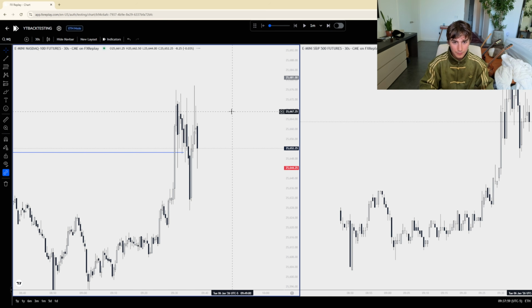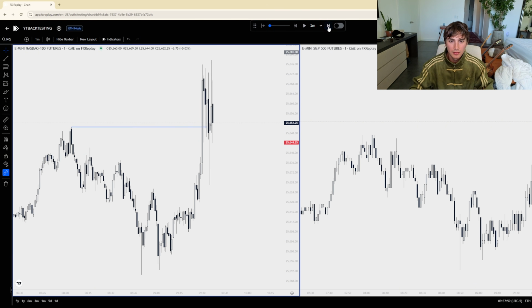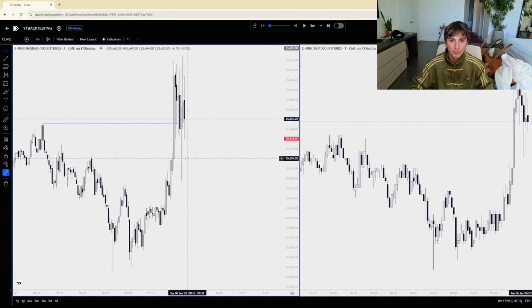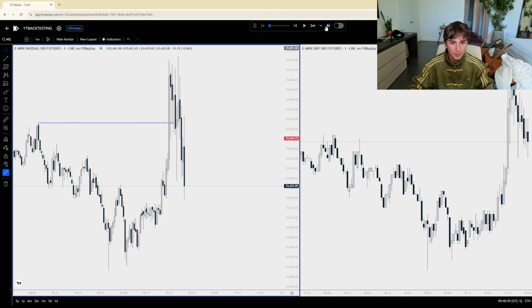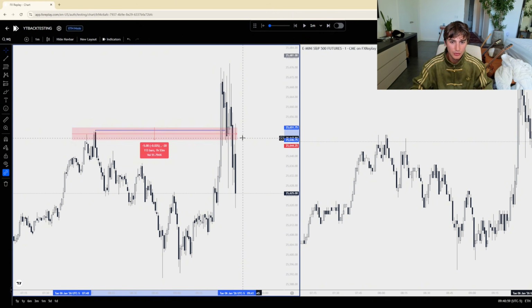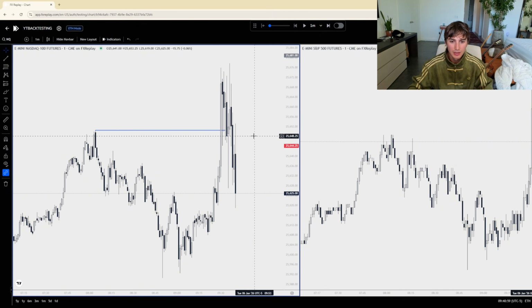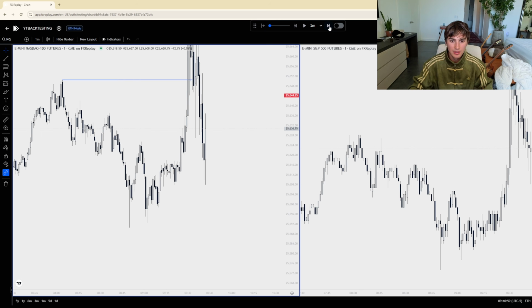No, nothing yet. The hell, there we go. So it's presenting shorts in terms of major high getting swept and stuff, but I don't really like this because we're not bouncing off any higher time frame key level. So I'd probably just avoid this, let it play out.